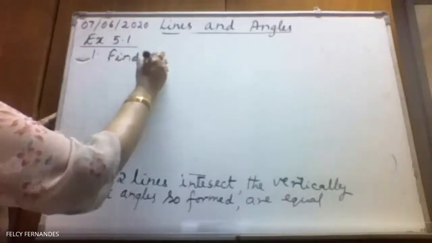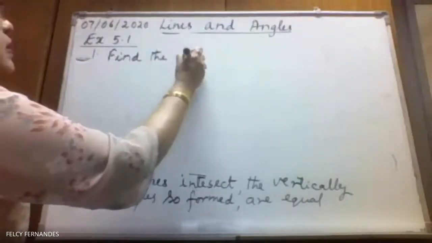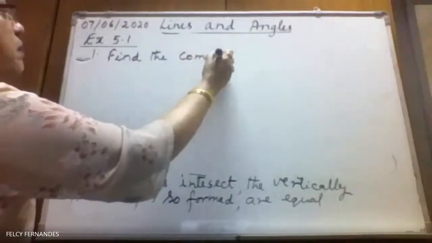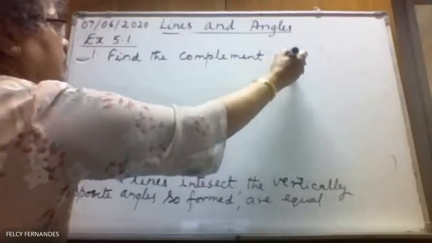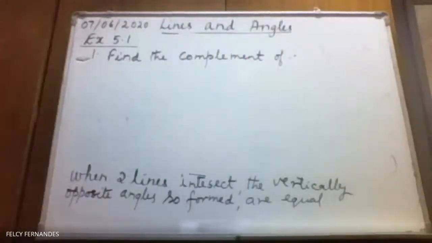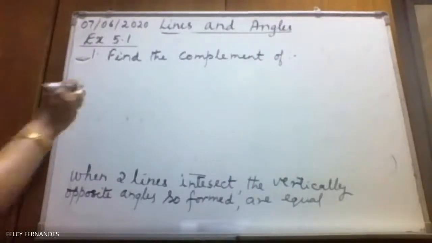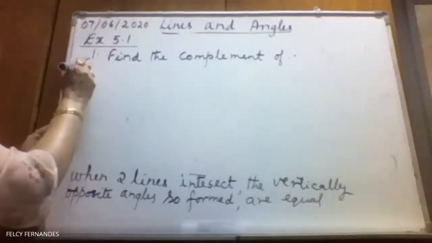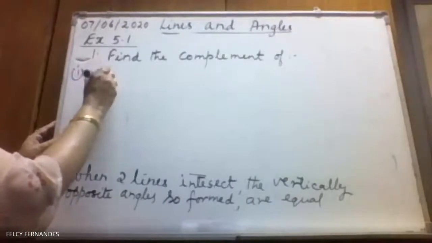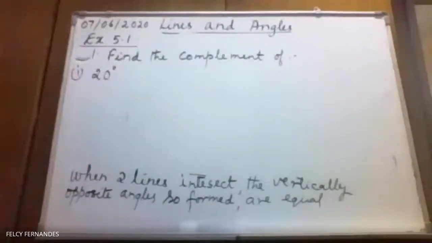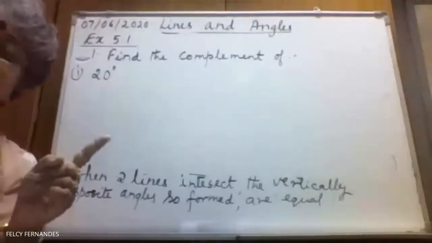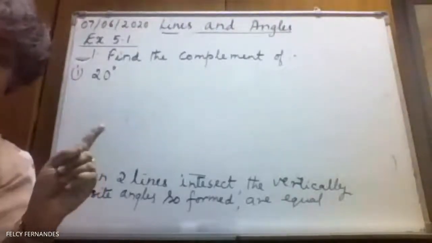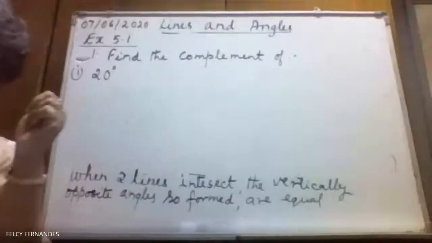Find the complement of. First one, 20 degrees. Now see, one angle is given, 20. Complement means total should be 90. So which is the other angle they have asked you?